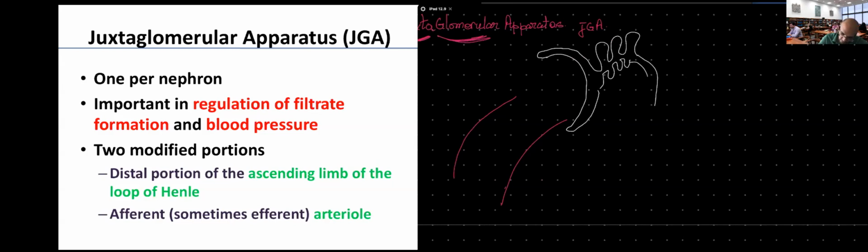Loop of Henle, descending limb, and here this is my ascending limb.